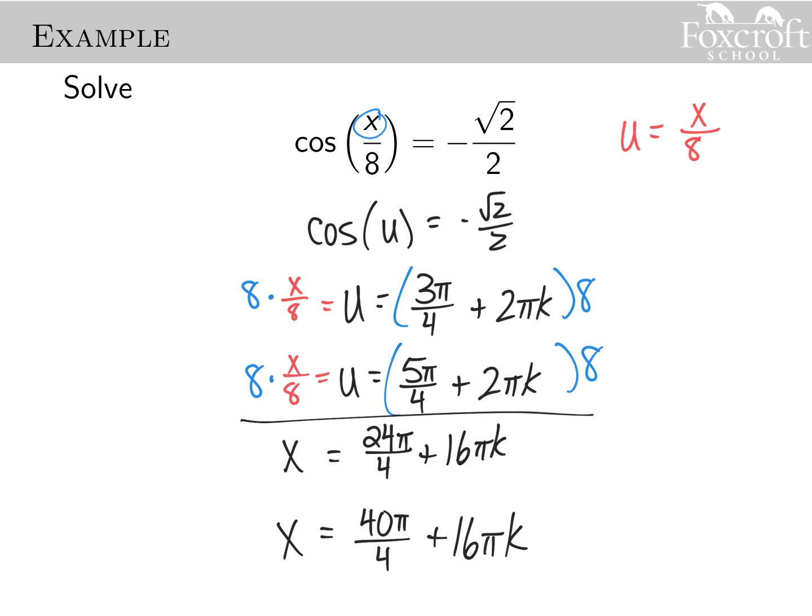Again, don't forget to distribute this 8 into both of those pieces so you get the new angle and the new period, which is how often these answers are going to repeat. All right, that answer is perfectly acceptable. One thing you can do on the fractions, they're all even, so 24 over 4 could simplify to 6, and 40 over 4 could simplify to 10.